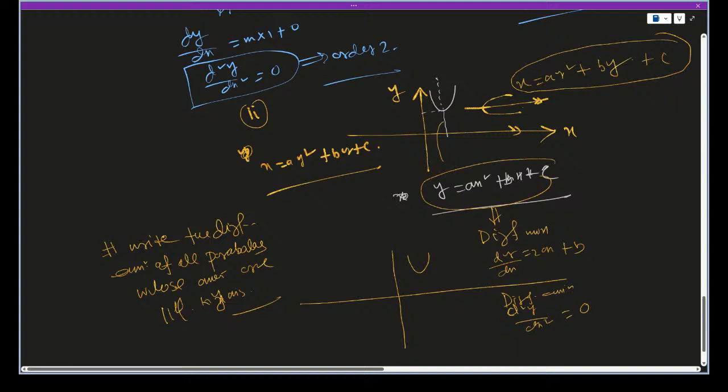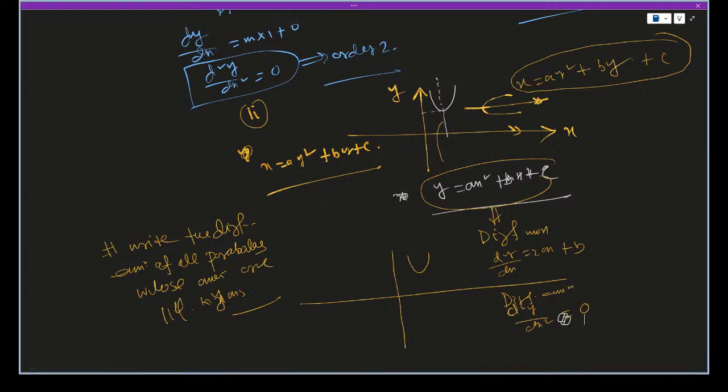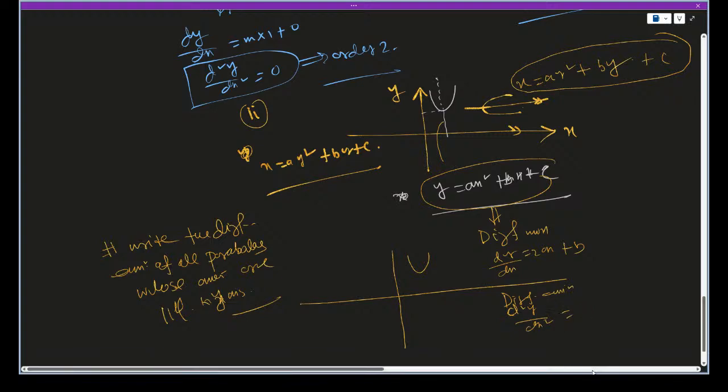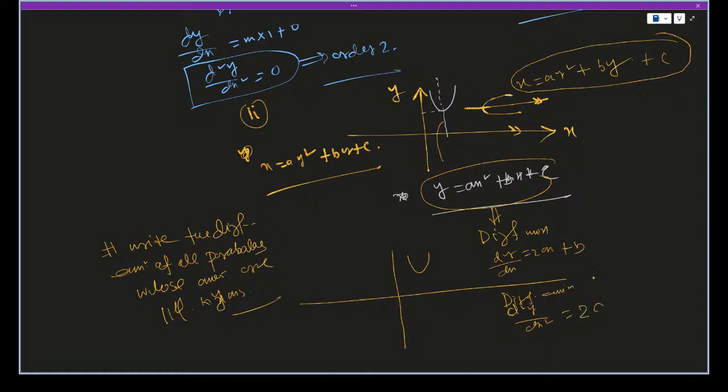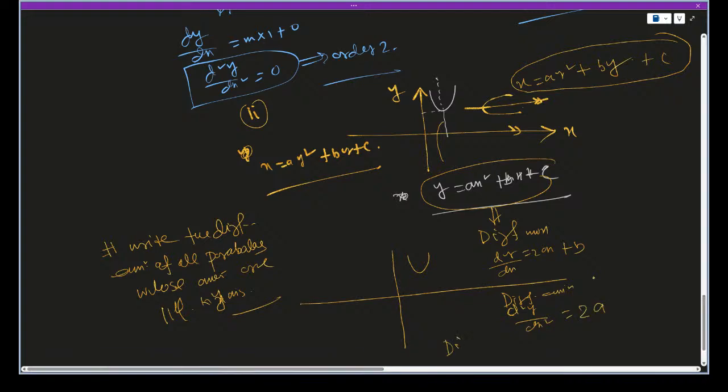Some mistake is there, because if we differentiate again, it will be 2a, not 0. Now differentiate again: d cube y by dx cube equal to 0. This is the differential equation for axis parallel to the y-axis.